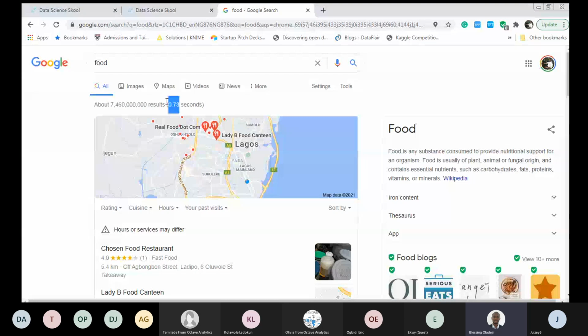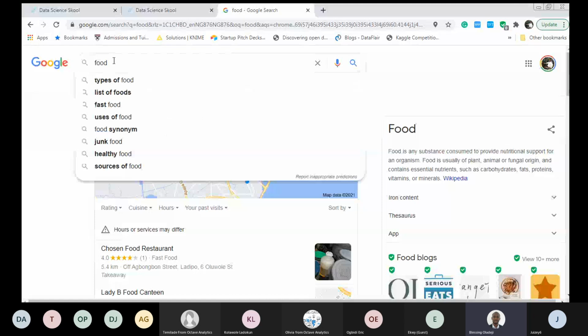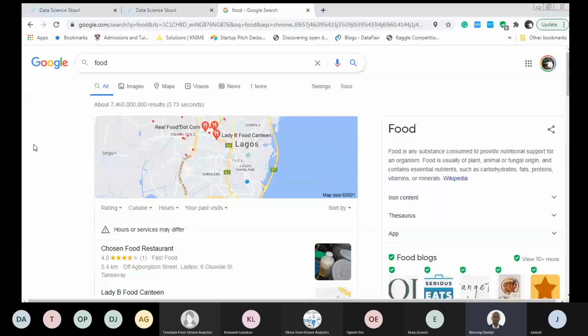How is this possible? The fact is that as I submitted my query, Google itself does not have the answer. Google sent this query to all of the computers within its network. And then all of those computers within its network returned the result. And Google combined the results and showed me the count of all the results returned. And it did this within 0.73 seconds.